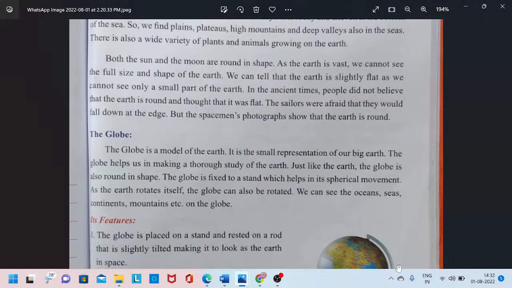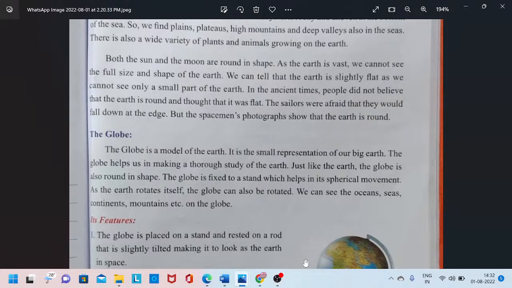In the last lesson I already said, Mr. Aryabhatta proved that the earth is round in shape. After going to space, photographs were taken and they proved that the earth is round and spherical in shape. So even today we are able to know that the earth is round because of those great men, right?